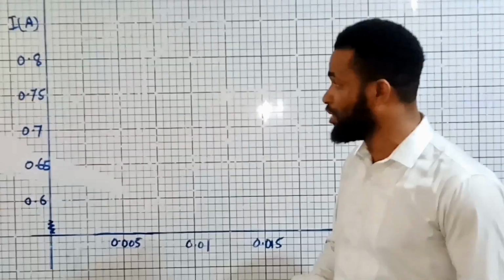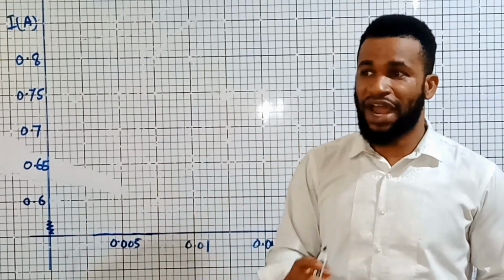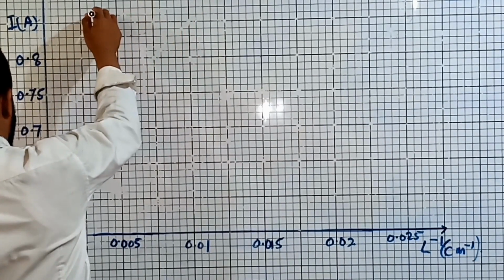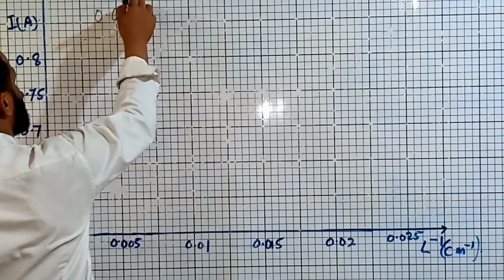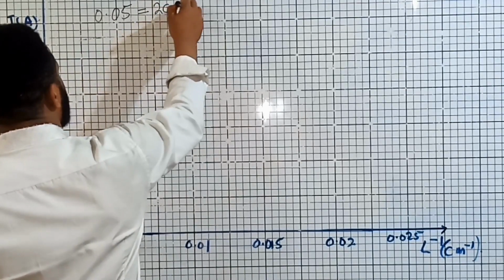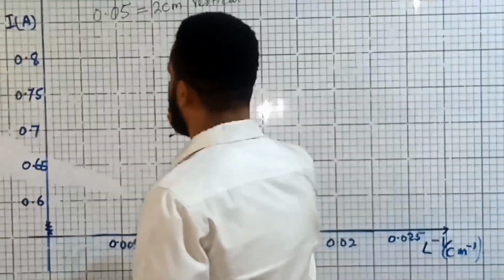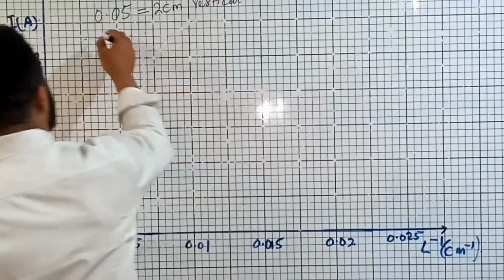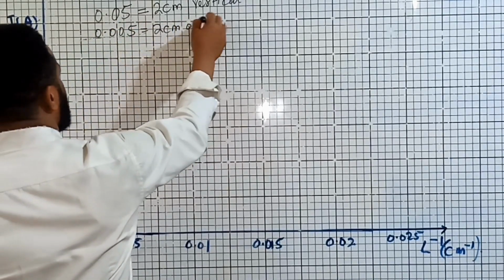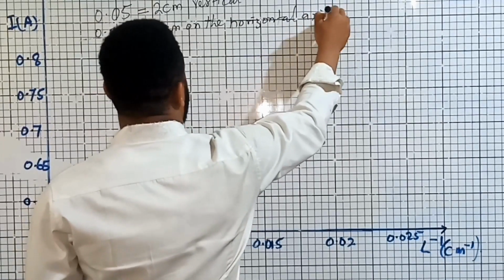Before we go into that, let's first write the scale that we have chosen. You are going to say that 0.05 is equal to 2 centimeters for the vertical axis, and 0.005 represents 2 centimeters on the horizontal axis.